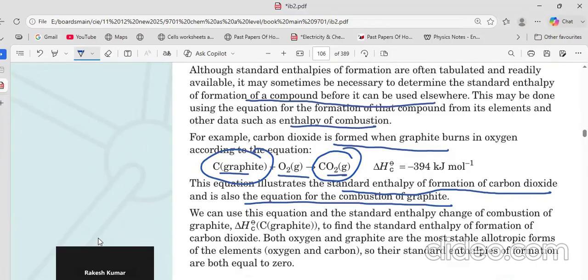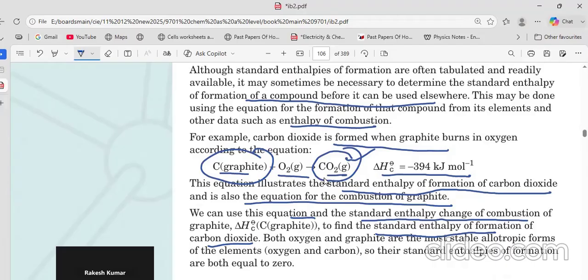So we can use this equation and the standard enthalpy change of combustion of graphite to find the standard enthalpy change of formation of CO2. We are trying to find this enthalpy change of formation of CO2. How do we find this?